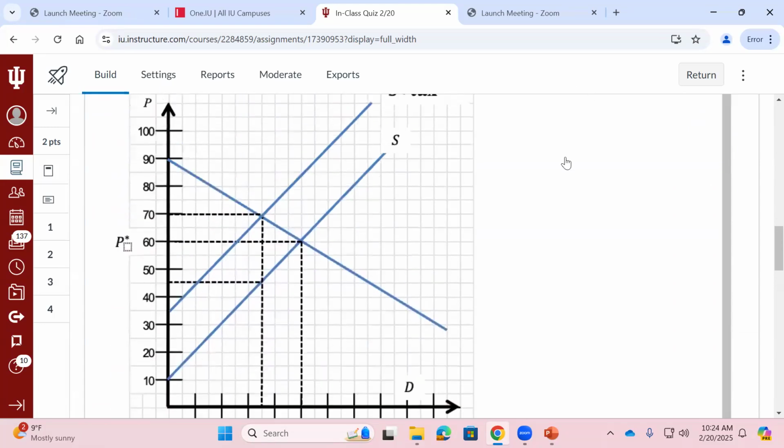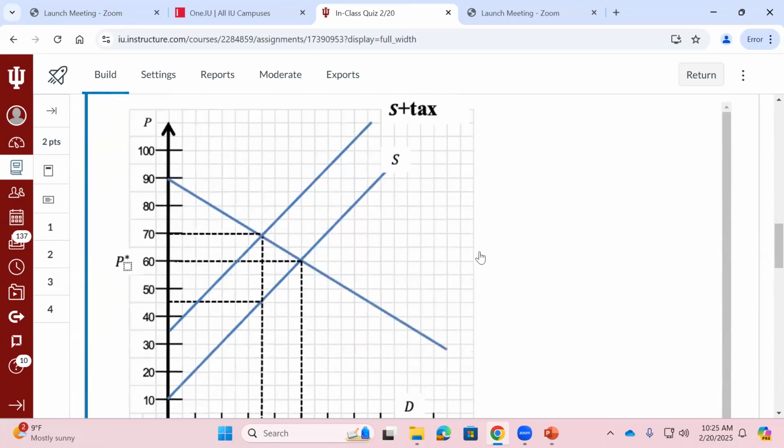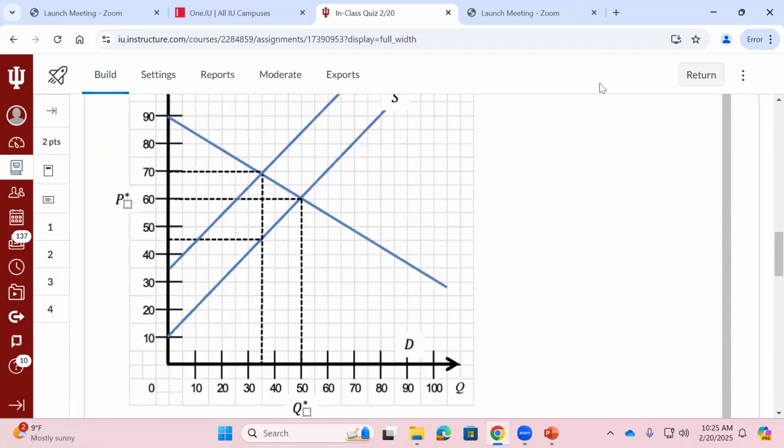So what if I wanted to know about tax revenue? Well, I don't want to edit this. So if I had the same example, I know the value of the tax. In fact, I could have not given you this visual. Let's say that I left off the y-axis values, but you know the value of the tax I told you was 25.